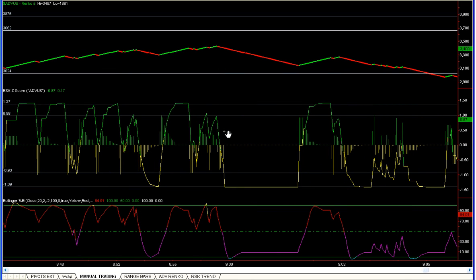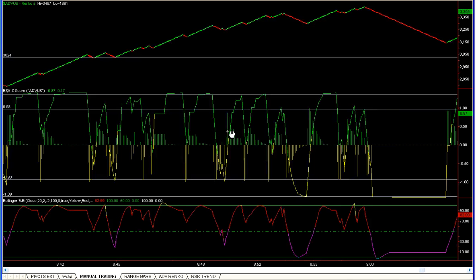Here's the Z-score. Z-score is a function of standard deviation. So when the data, as expressed in the indicator, moves to the upper or lower range of its standard deviation, you can expect things are going to occur.